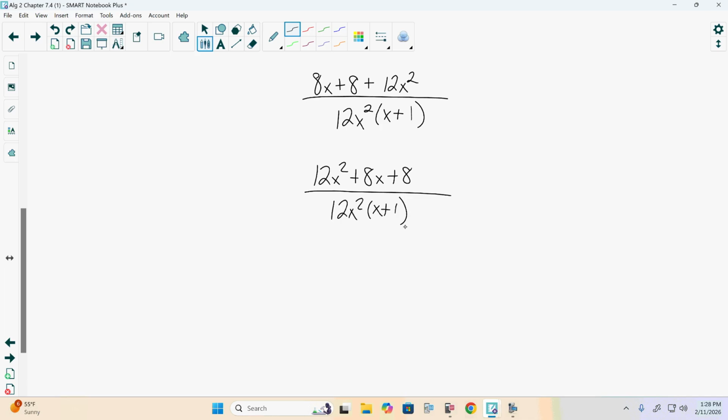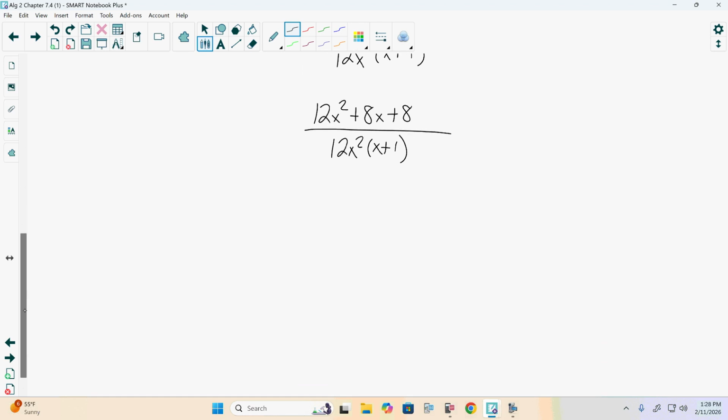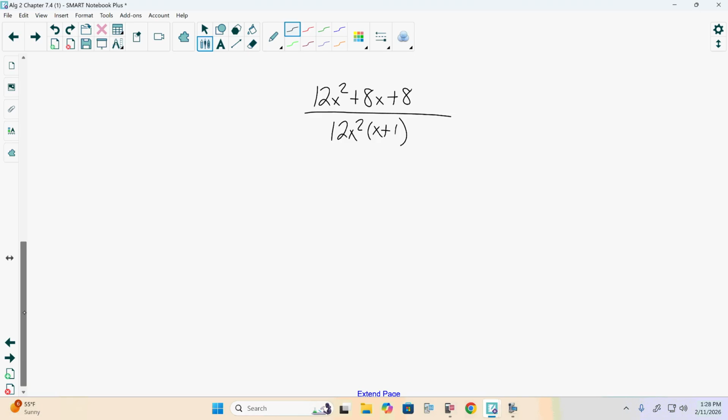Now I'm going to write it in standard form so we can see if we can reduce. Is there a greatest common factor amongst the top three terms? 4. So if I factor 4 out of 12x squared, we get 3x squared. If I factor it out of the 8x, we get 2x. Factor out of 8, we get 2. Oh, wait.